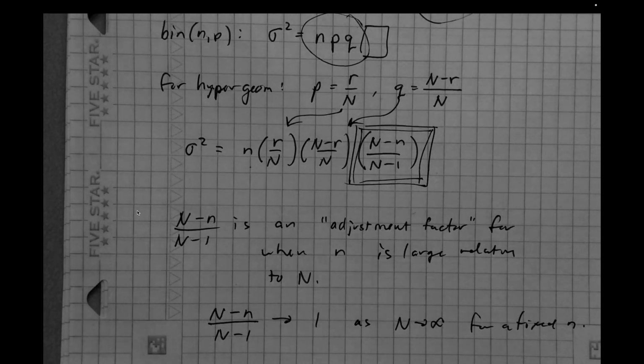N is the sample size, right? So if I have a really huge population, this is basically 1. But if my population is small relative to my sample, then this is an adjustment.